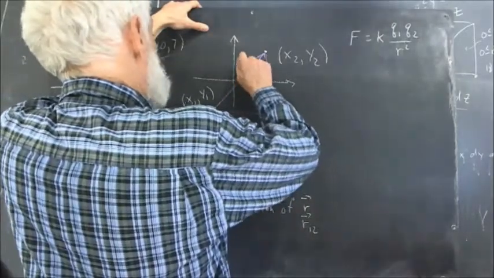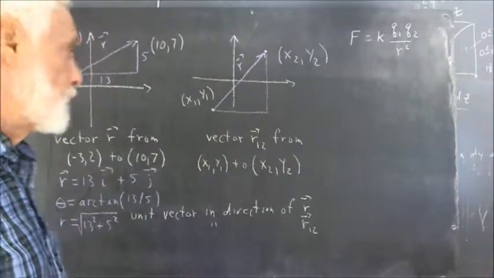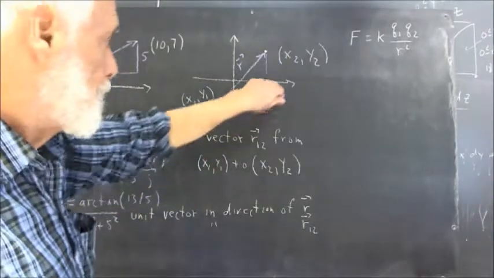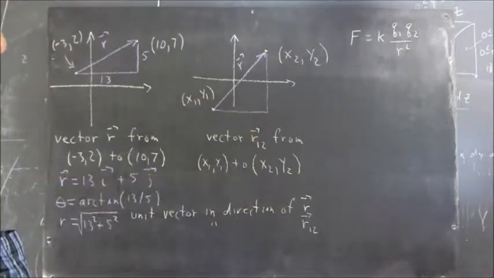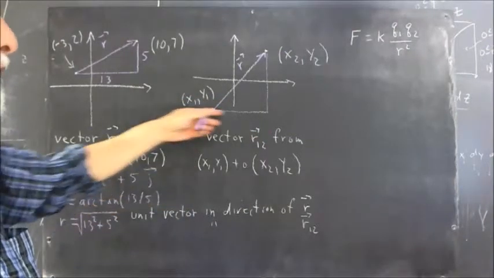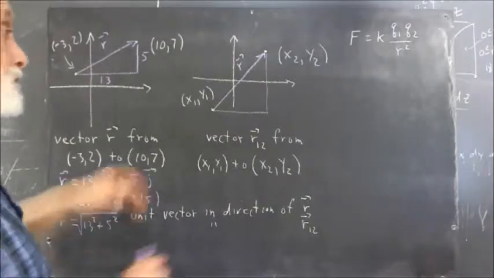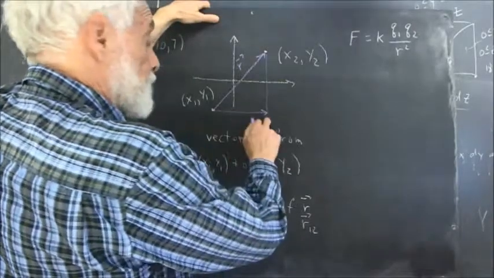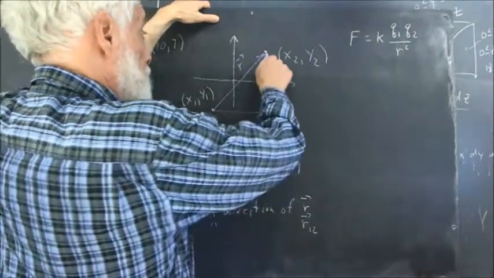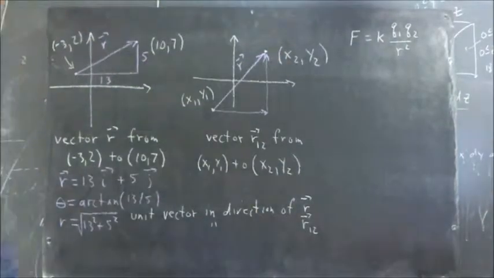If the r vector is here, then we draw the legs parallel to the x and y axes and figure out their lengths, the directed length of each of those legs. We want to figure out the direction and length from here to here, and the direction and distance from here to here.